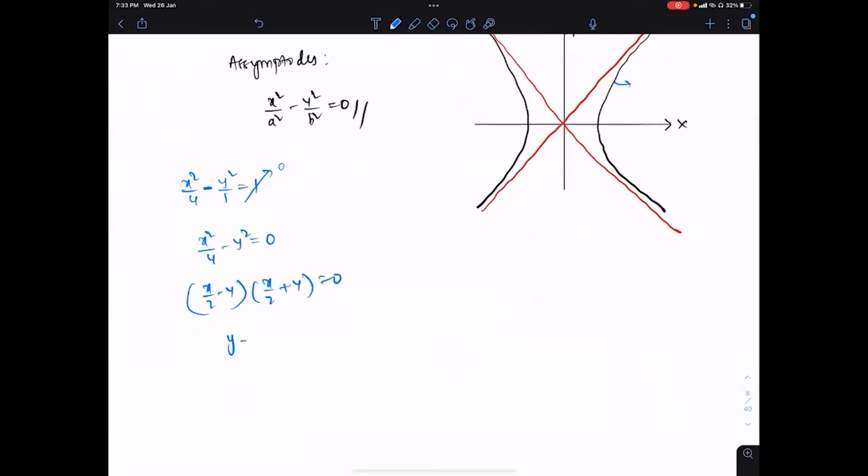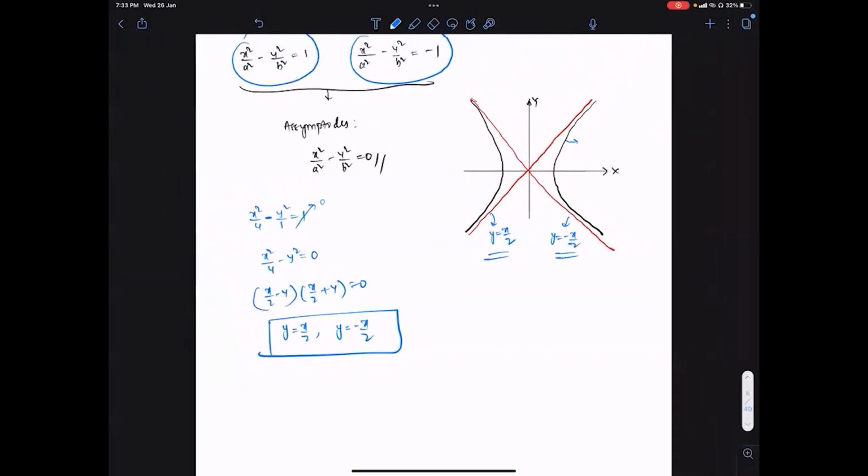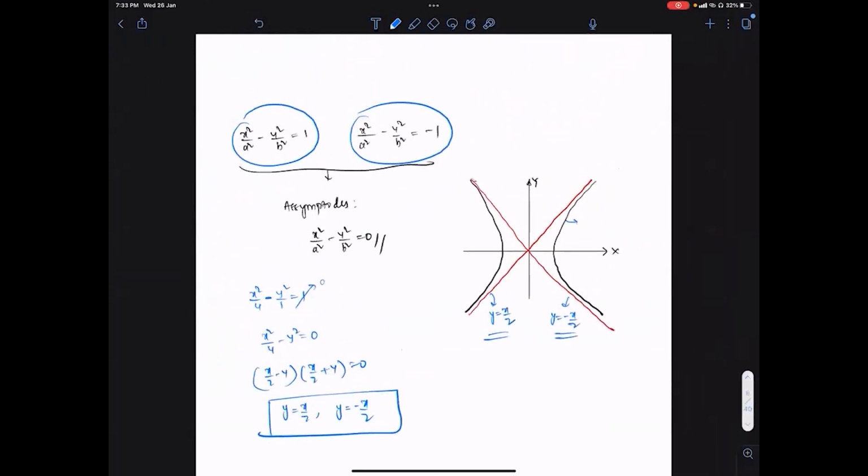So y is equal to x by 2, y is equal to minus x by 2. These will be the two asymptotes. So this is y equals x by 2, one asymptote. The other asymptote will be like this, minus x by 2. That is how you need to write the equation of asymptotes for standard equations like this.